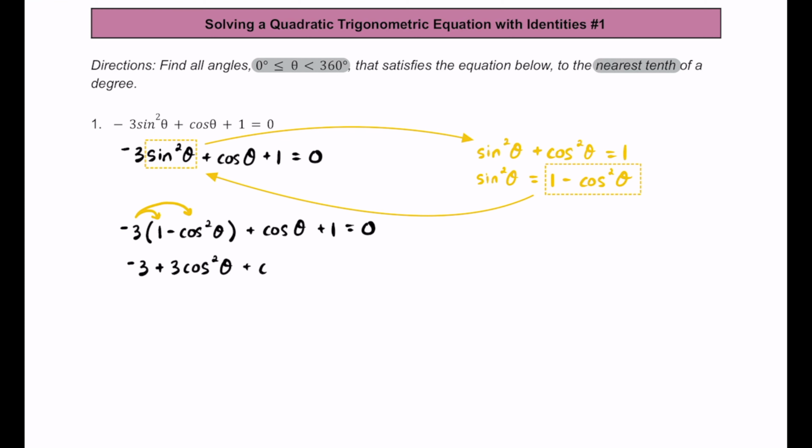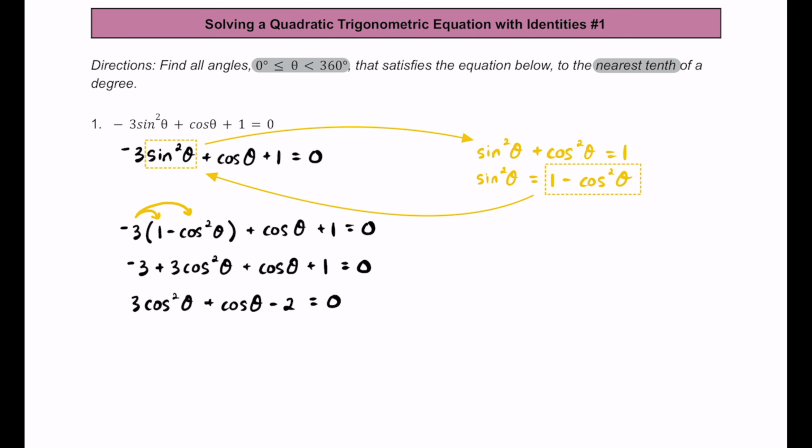Then we still have plus cosine of theta and plus 1. By combining like terms, we can add -3 and 1 together and write this in standard form. We have 3 times cosine squared of theta plus 1 cosine of theta, then -2, and that's set equal to 0.